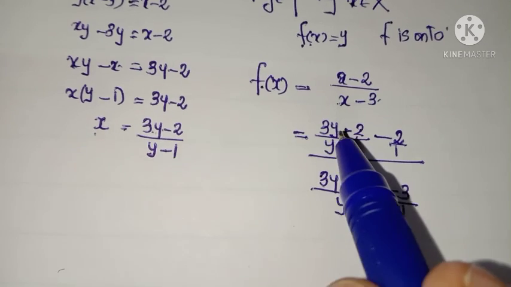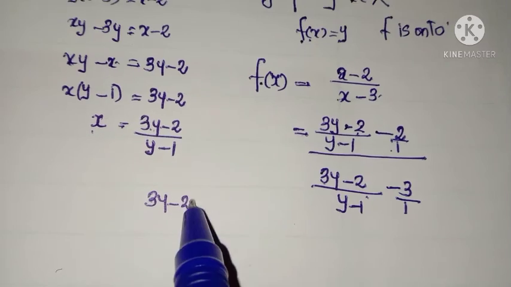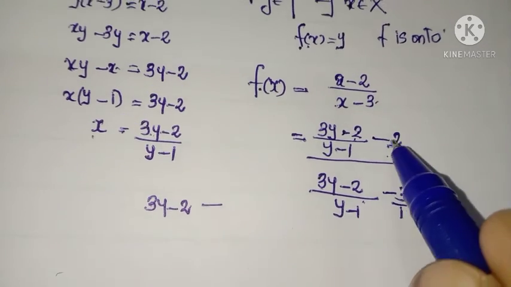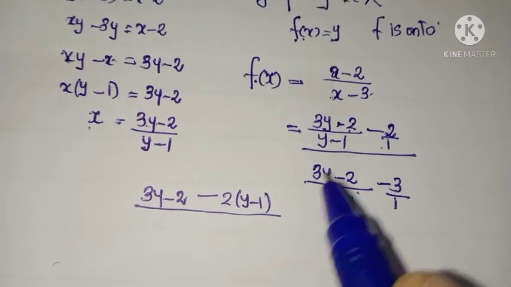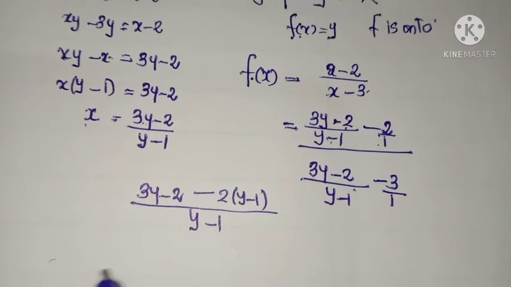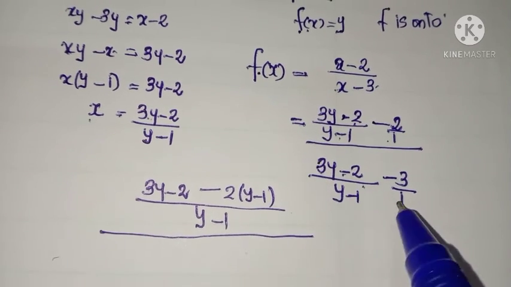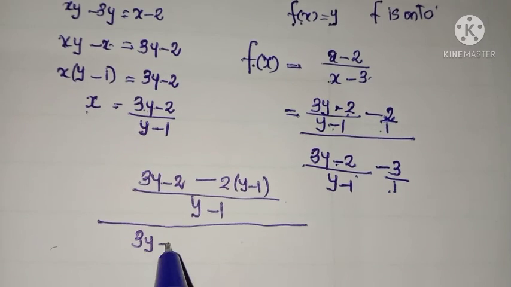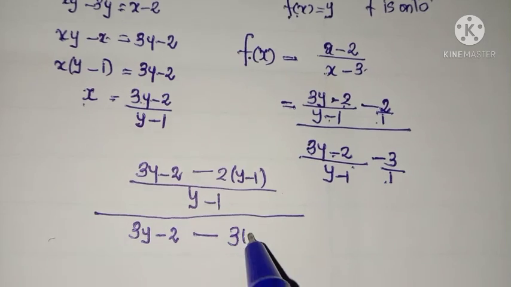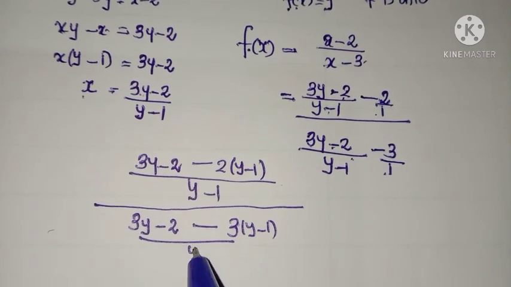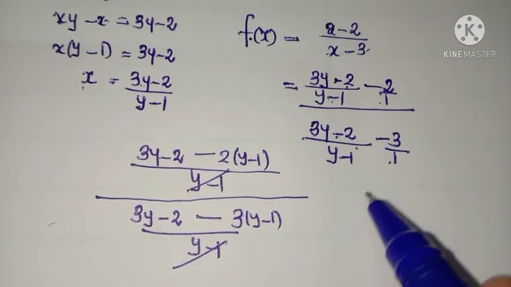So this is equal to 3y minus 2 into 1, 3y minus 2 minus 2 into y minus 1, divided by y minus 1. This is the numerator. Similarly, the denominator is 3y minus 2 into 1, 3y minus 2 minus 3 into y minus 1, divided by y minus 1. Here we can cancel this y minus 1. Now open the bracket.